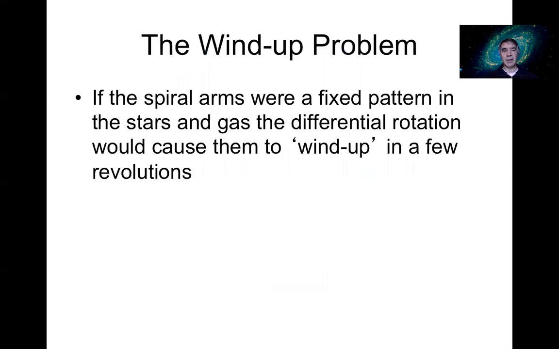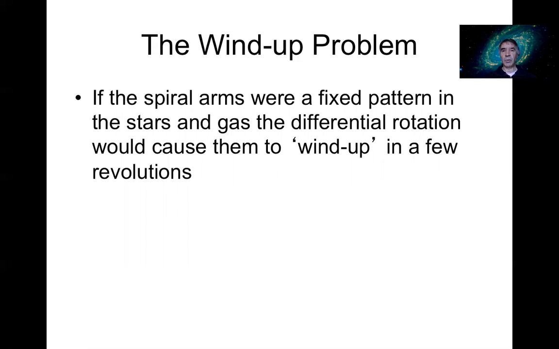So this leads us to something famously called the wind-up problem for spiral galaxies. This will be much easier to explain with the diagram in a moment, but let me just put the words here first. If the spiral arms were a fixed pattern in the stars and the gas, then the fact that we know galaxies rotate differentially would basically cause the spirals to wind up and get very, very tight in just a few revolutions of the galaxy.